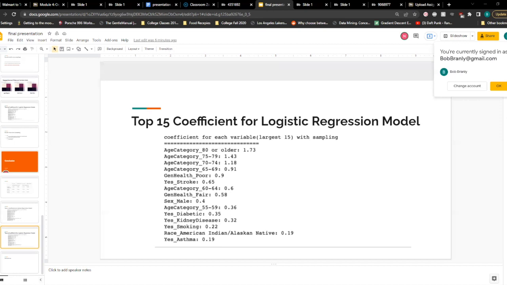What that suggests is that age does play a very significant role. Additionally, having overall poor general health contributes to our model's prediction of an individual's potential for heart disease.